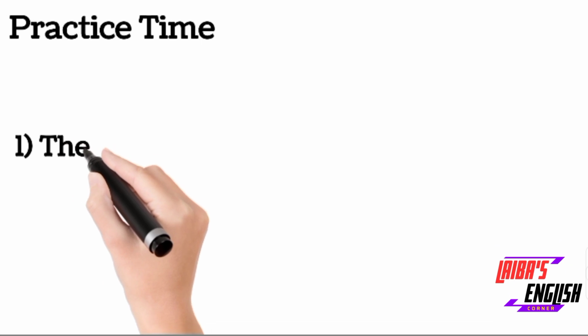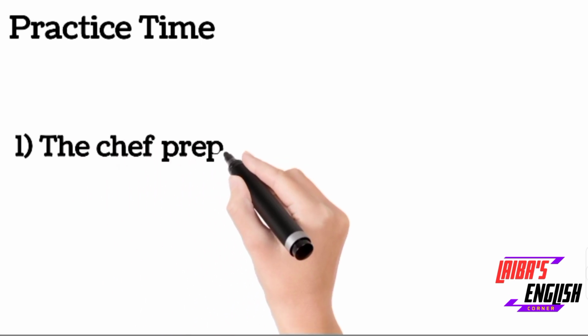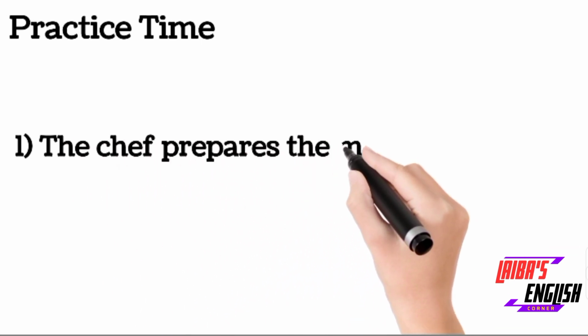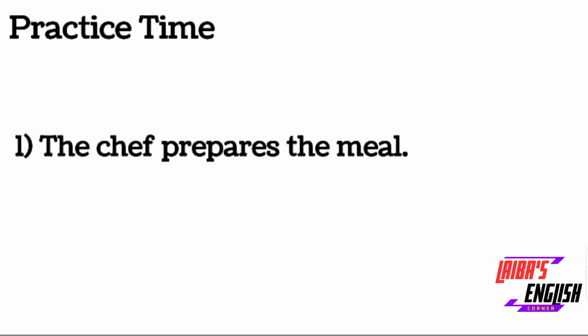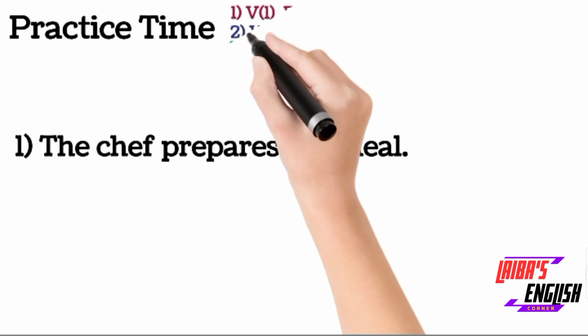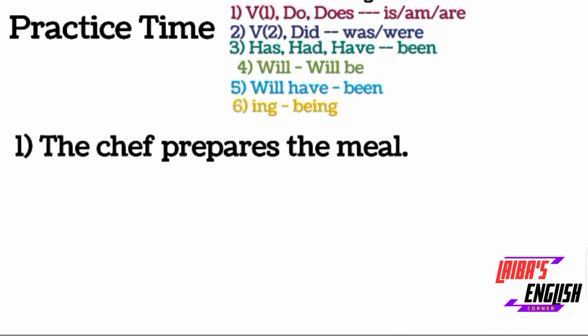So first of all, we will change a sentence from active to passive. In active, the subject is doing something. First is: the chef prepares the meal. Which changes do we have to make in this sentence to change it into passive voice? See the rules above.